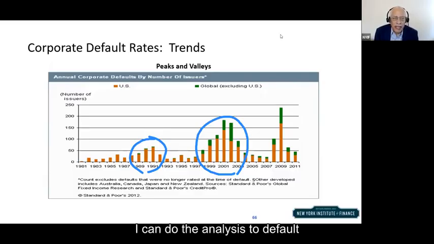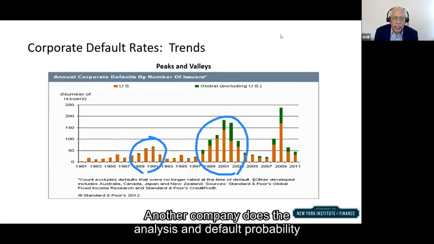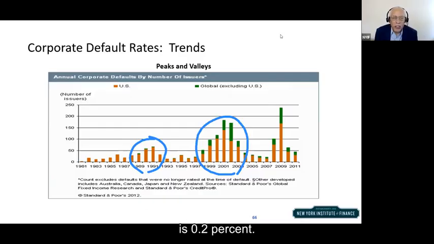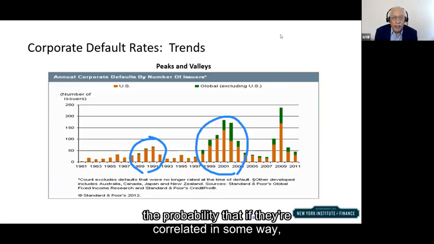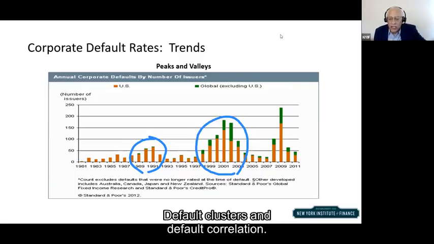So if for one company the default probability over 5 years is 0.1%, and for another company the analysis gives 0.2%, but they're correlated in some way, they can also default at the same time: default clusters and default correlation.